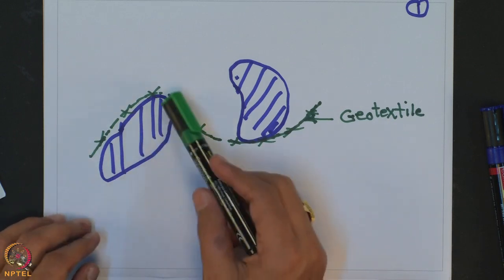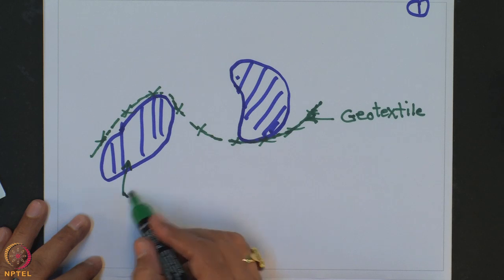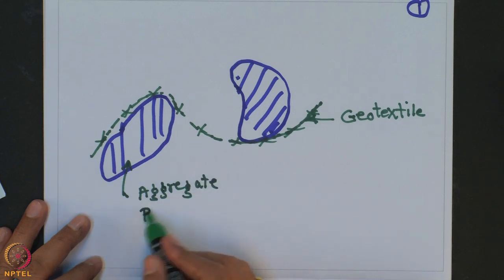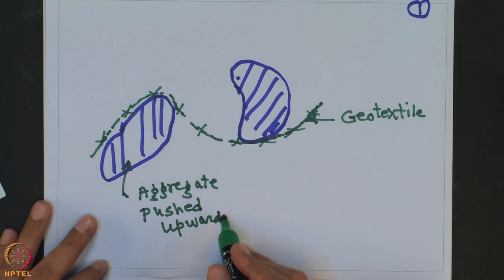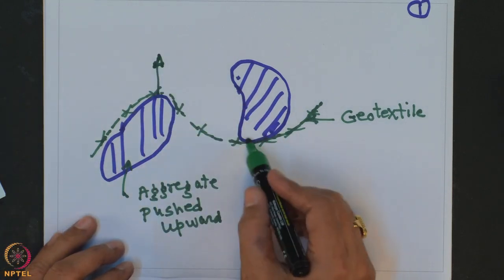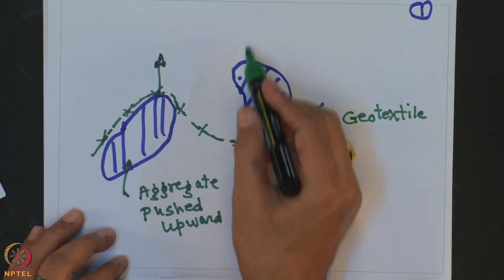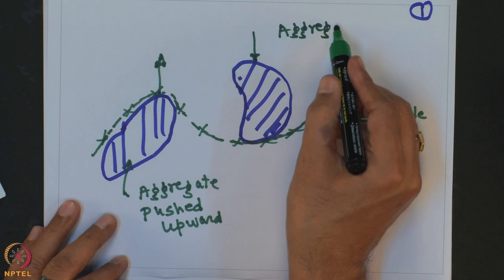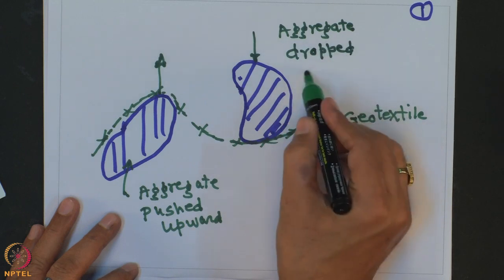Now, this aggregate is pushed upward. So, that means this geotextile material is pushing in the upward direction, and this is the aggregate which is dropped downward.